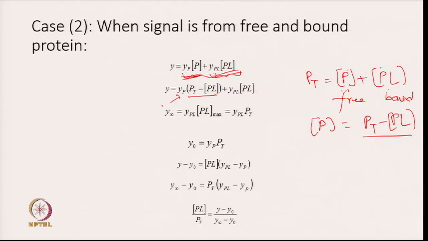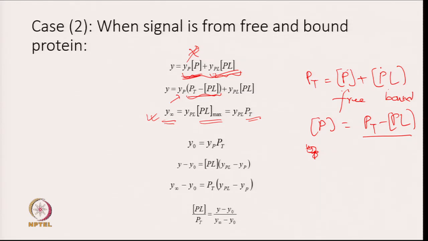Now, if I take Y infinity, the signal when all protein has gone to complex form, it means there is no free protein, so there is no contribution from this term. So, Y is simply YPL into PL max, and we already discussed that PL max is nothing but the concentration of total protein.